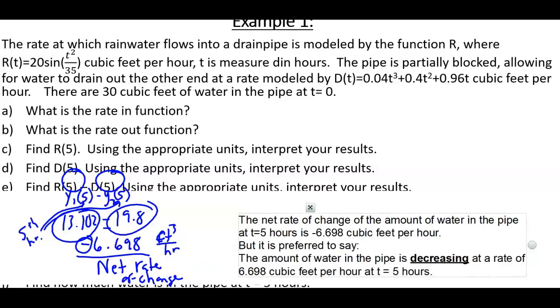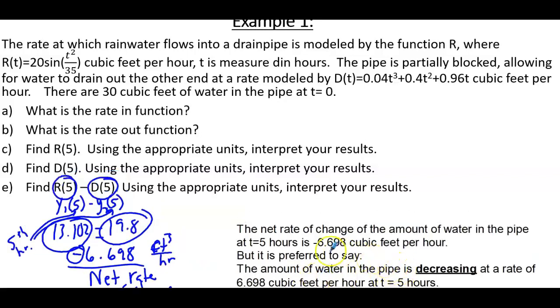What they like about this method more is that, since this is a negative rate, if you write it like this, they know that you know it's decreasing. Because if your rate is negative, that means the amount of water in the pipe is decreasing at that point. So they do prefer it worded this way instead.